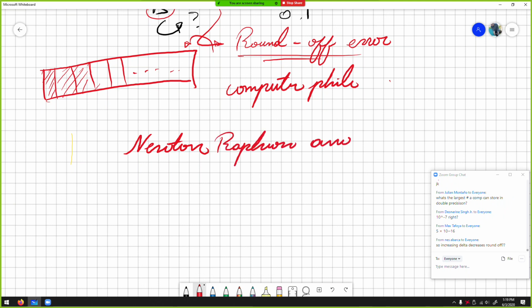And how do you do bisection? Sorry that it took too long to get to this point, but I'm going to try to cover this as quickly as possible.